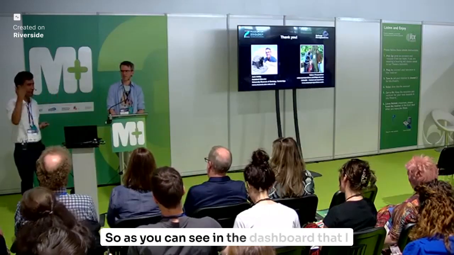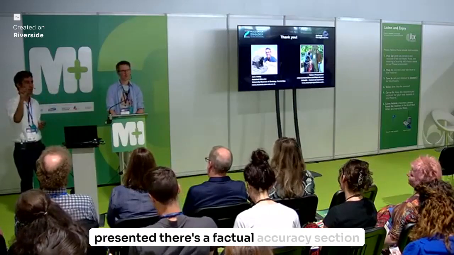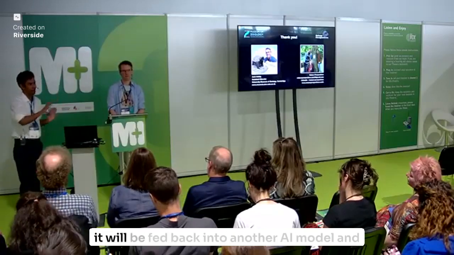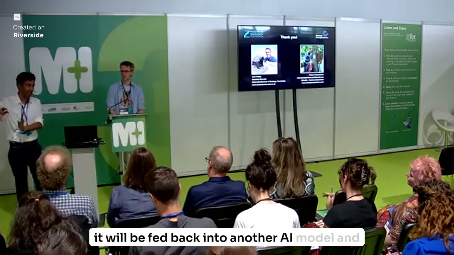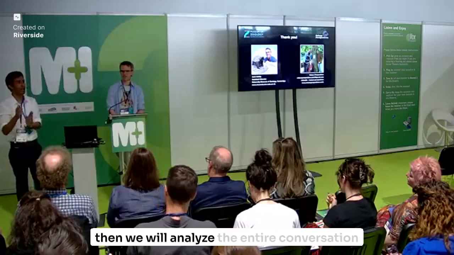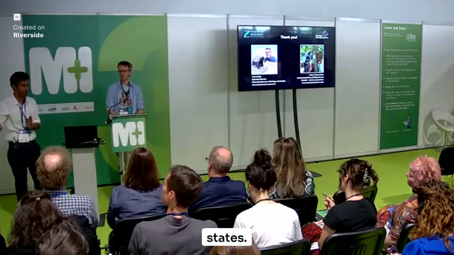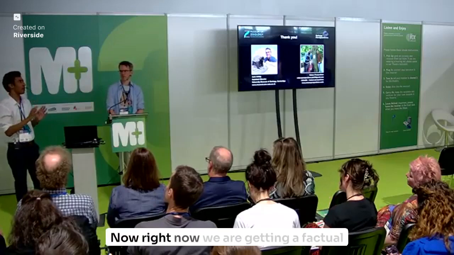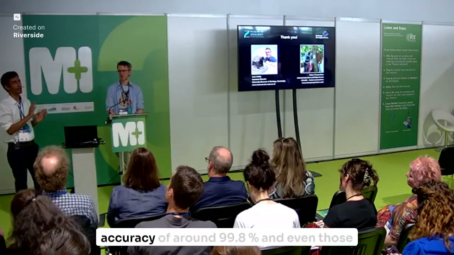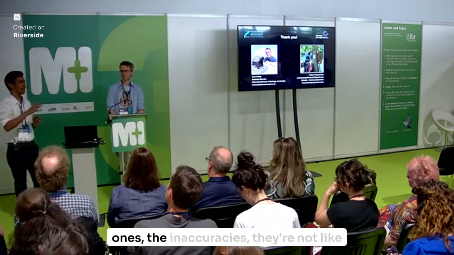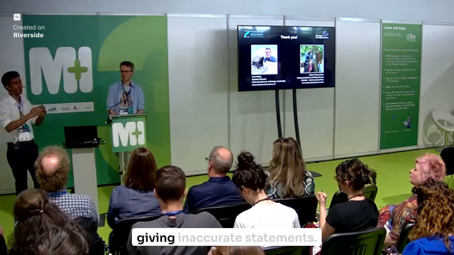As you can see in the dashboard that I presented, there's a factual accuracy section. When the conversation has already happened, it'll be fed back into another AI model, and then we will analyze the entire conversation to find out what are the factually inaccurate statements that have been made. Right now, we are getting a factual accuracy of around 99.8%, and even those inaccuracies are not really inaccurate statements.